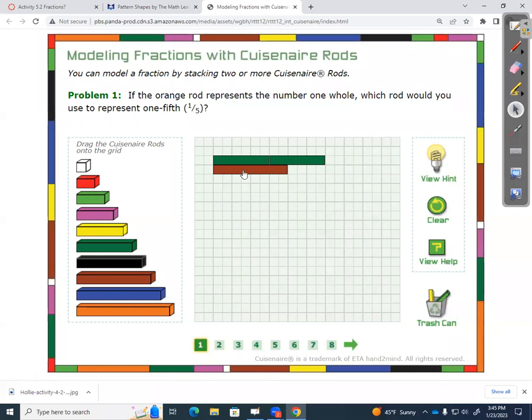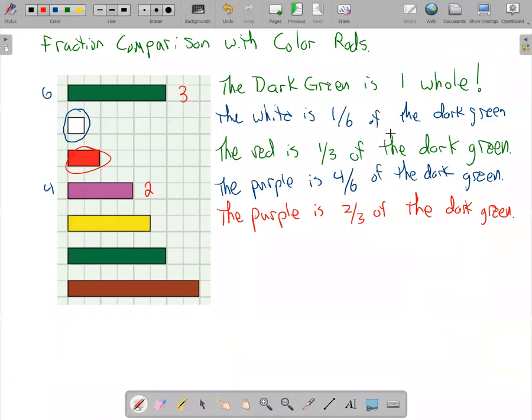So I have to decide which other blocks I want to use for the comparison. And for sure, I have the white. And I already saw there were 6 of the whites there, and it looks like I just need 2 more of them to make the brown. So I'm just going to make a note of that. So there are 2 more than 6, so that would be 8 total here.